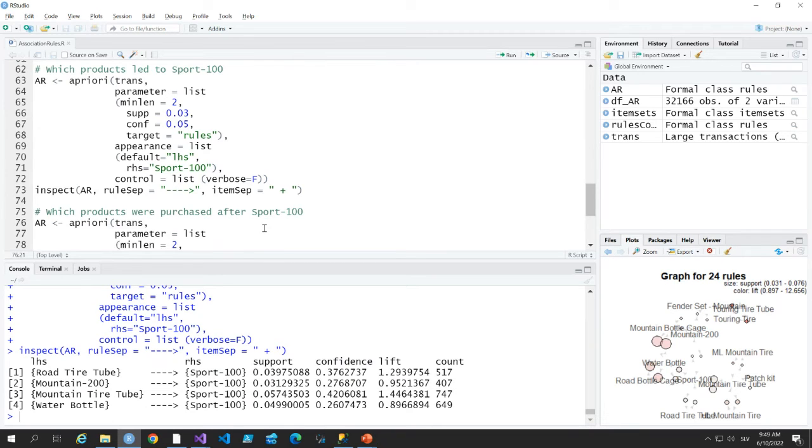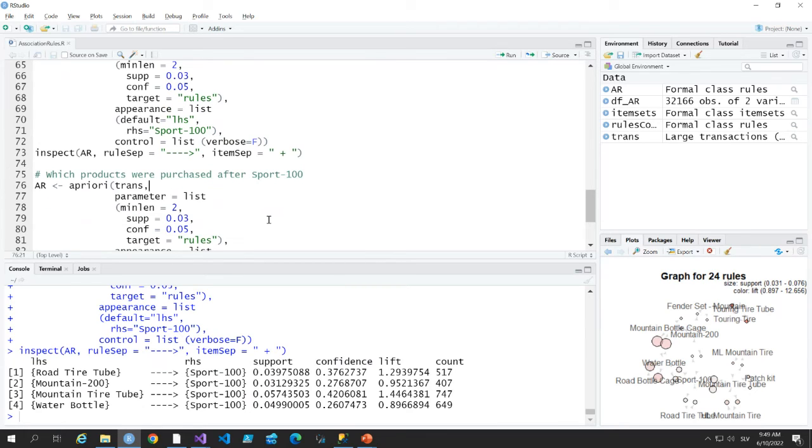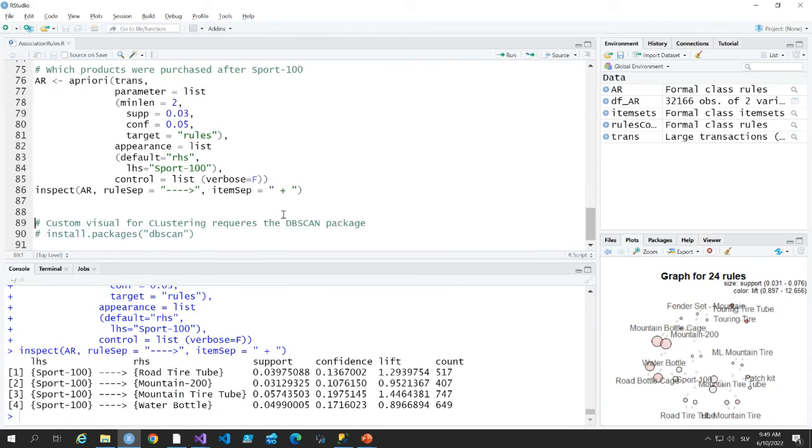Of course, this is possible because I have calculated also this confidence and lift. Let's check the opposite. So which products were purchased most frequently after Sport 100, and we see Sport 100 typically led to these products.